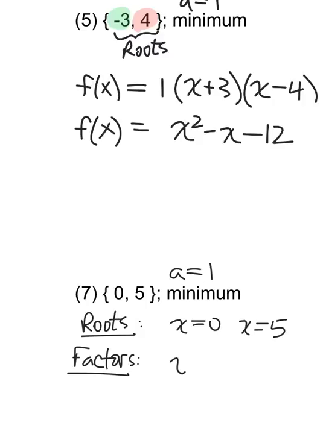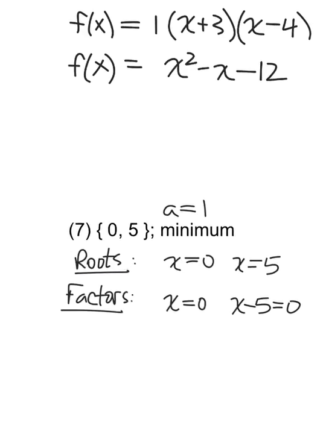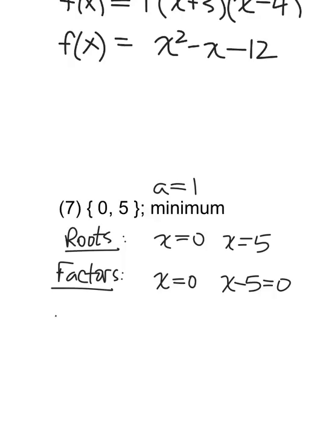Here, I'm just looking at the factored form being the same as the root form, whereas the other root, x equals 5, would correspond to a factor form of x minus 5 equals 0. Then when I put it in function form, it all comes together.